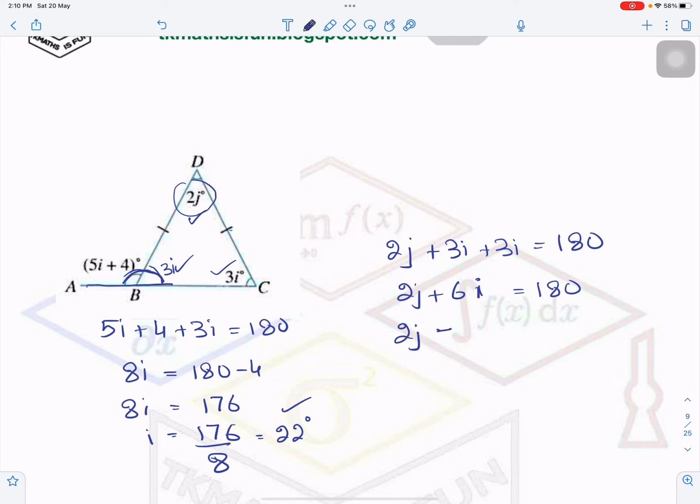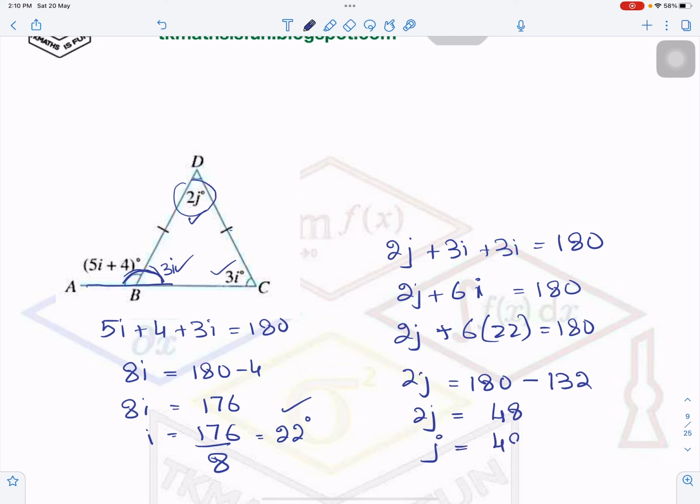So I can do 6 times 22. Then I can take it to the other side. So 180 minus, what is 6 multiplied by 22? 132. Right? And minus it from 180. So you will get 48. Okay? So 2j is equal to 48. So j is equal to 48 divided by 2, which is 24 degrees.